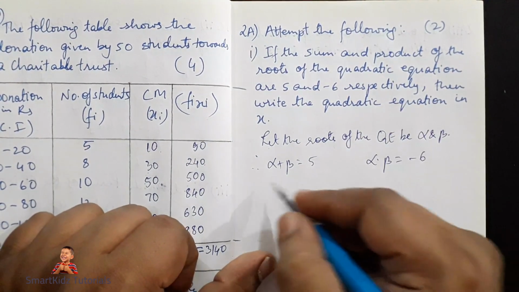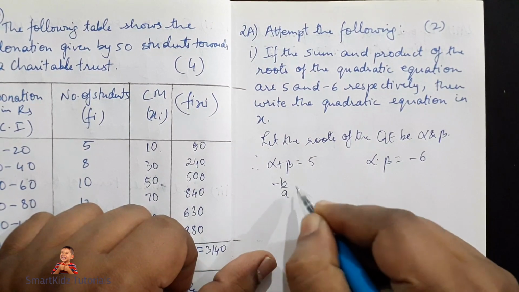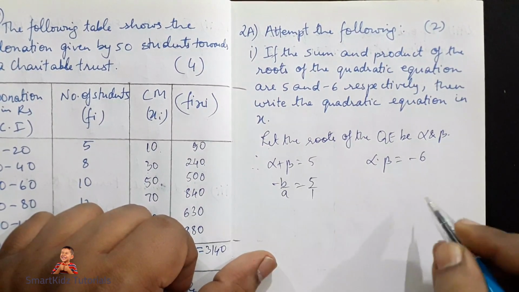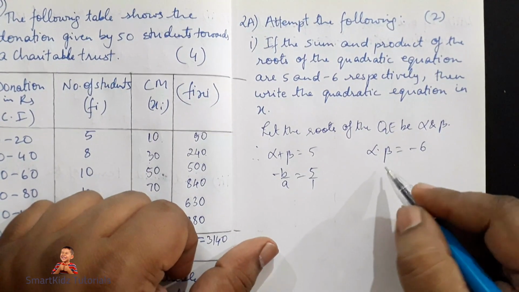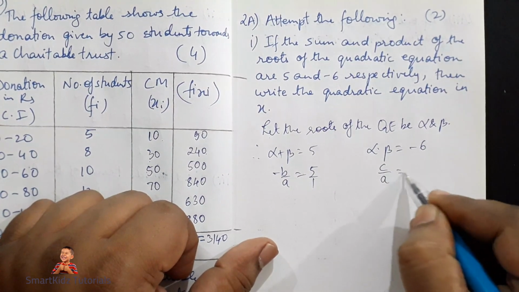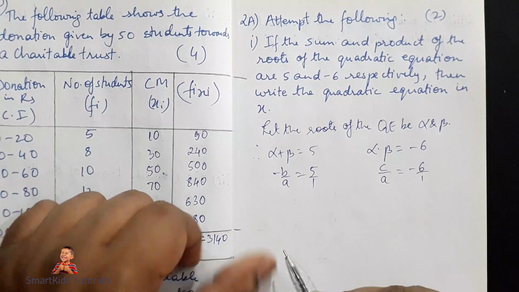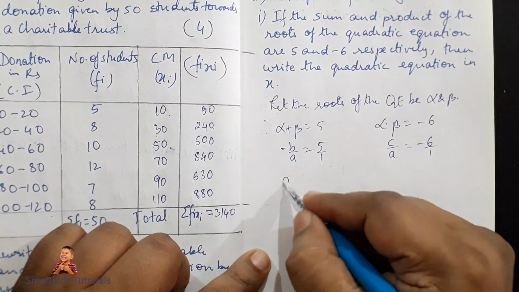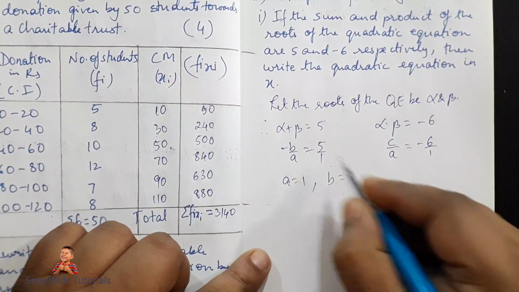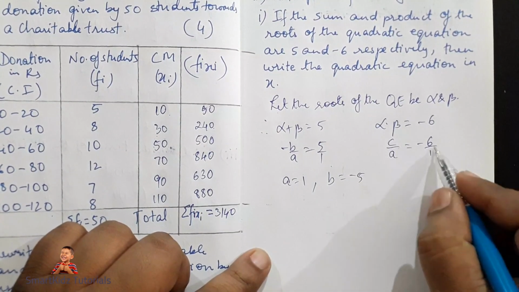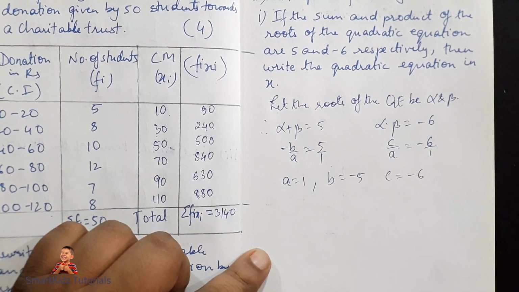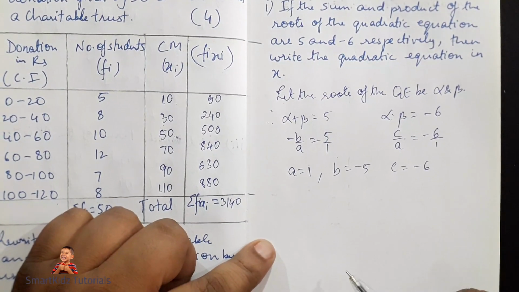Now alpha plus beta we know is also minus b upon a, so that would be 5 upon 1, and alpha into beta is c upon a, which would be minus 6 upon 1. So clearly a is equal to 1, then b is equal to minus 5 and c is equal to minus 6.